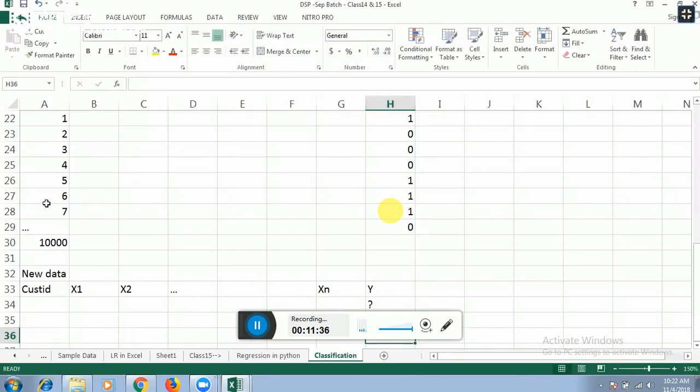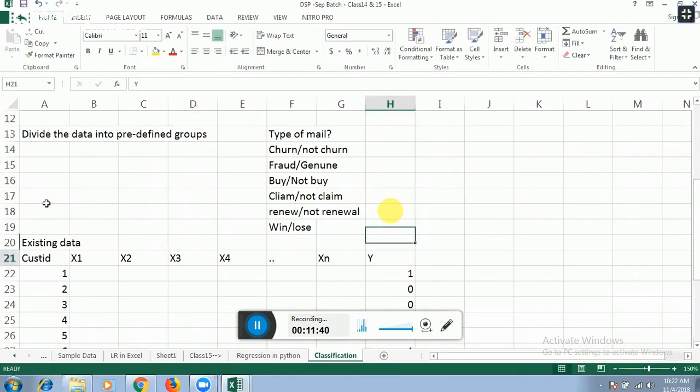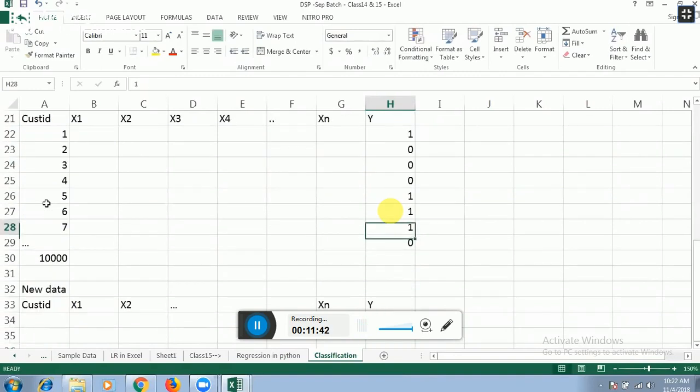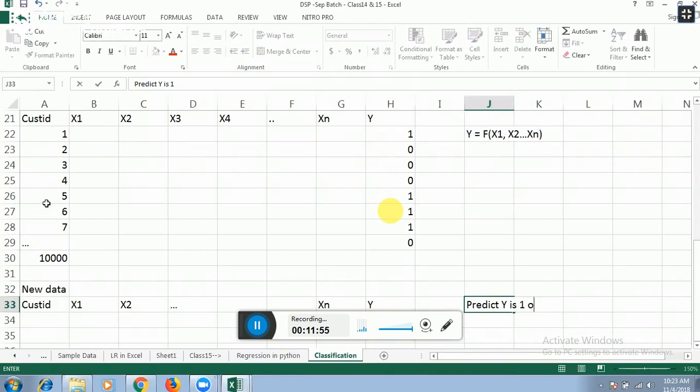This is exactly what we are looking for. From the existing data, we will try to establish a mathematical relationship between X1, X2, and so on up to Xn, and predict whether Y is 1 or 0. Right? So are you able to follow me? Any questions on this? I think this is very clear, right?